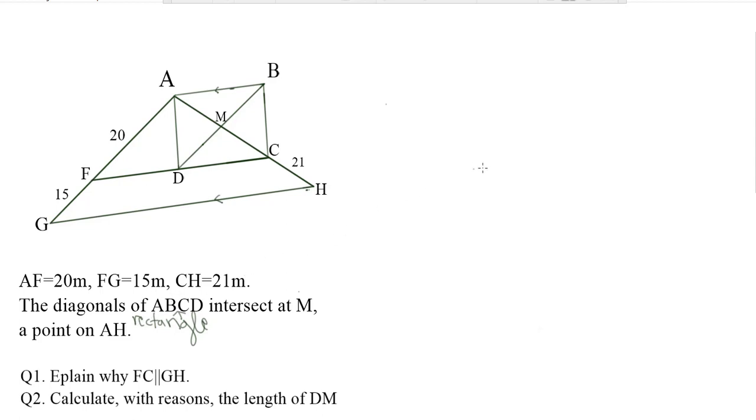Now, what do you have to know about the rectangle? The first thing you have to know is that the lines of a rectangle are parallel.